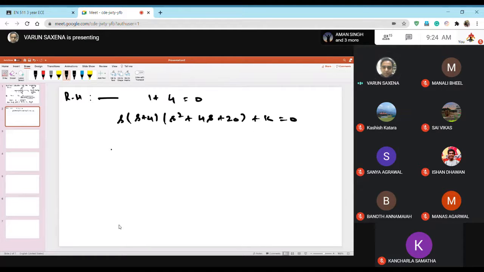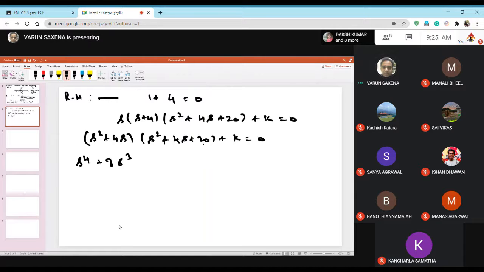So if I expand it, I get S square plus 4S multiplied by S square plus 4S plus 20 plus K equals 0. So you get S to the fourth, you get 8S cube.